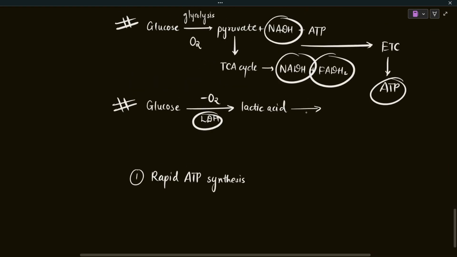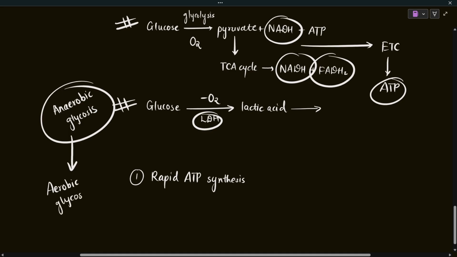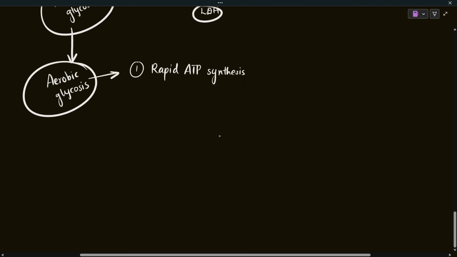This glycolysis, which happens in the absence of oxygen, is followed in cancer cells and is known as aerobic glycolysis. Cancer cells show lactate formation even in the presence of oxygen, and the reason behind this may be that aerobic glycolysis does rapid ATP synthesis. So this proposal was made.